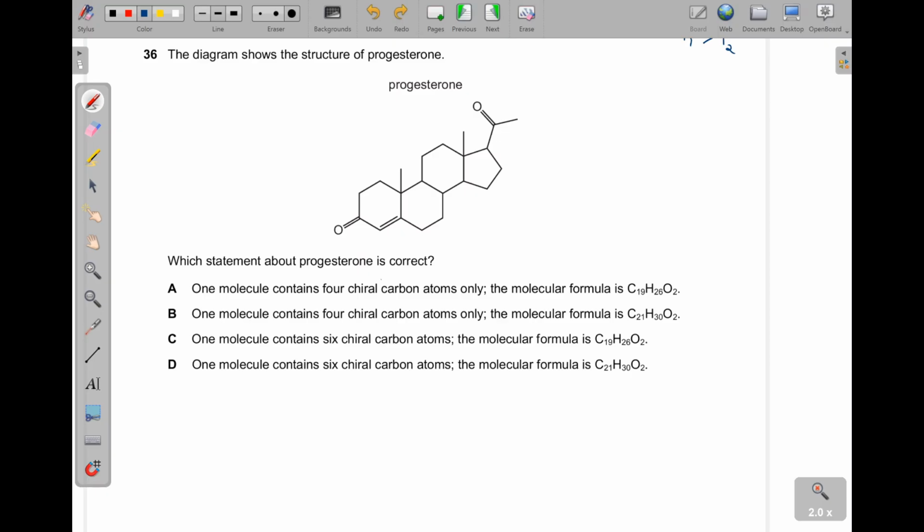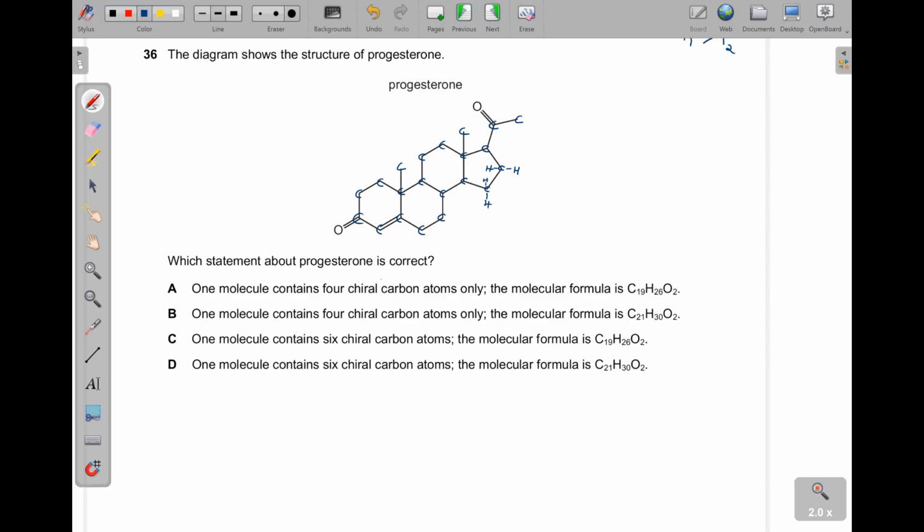Let's first identify the carbons and then the hydrogens here. There is a carbon here, then a hydrogen, and a hydrogen. There's a carbon, a hydrogen here. Let me first put the carbons everywhere, and these corners here. There is a CH3 up there, and there is also another one here.